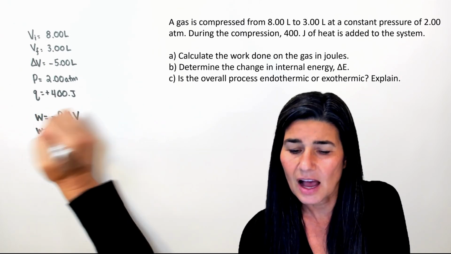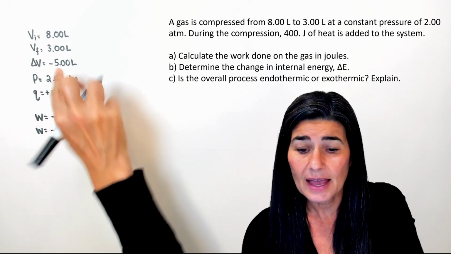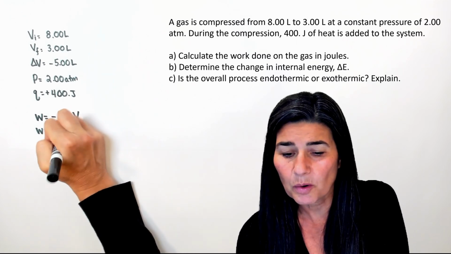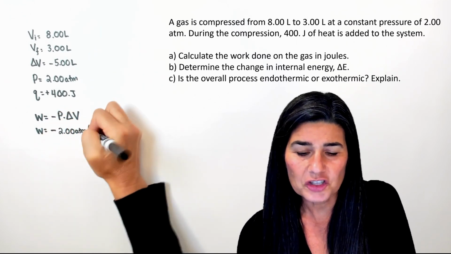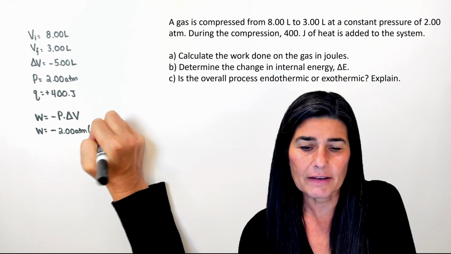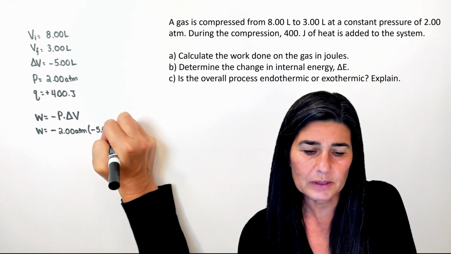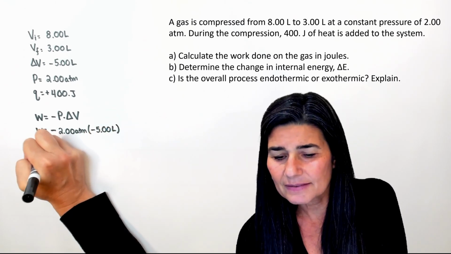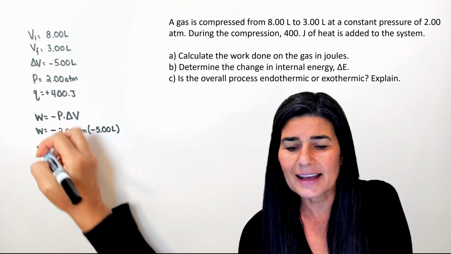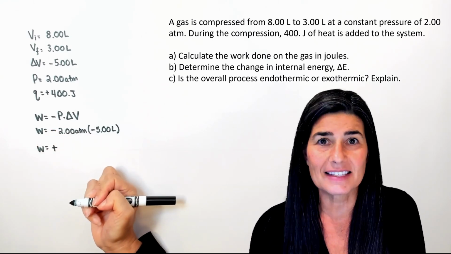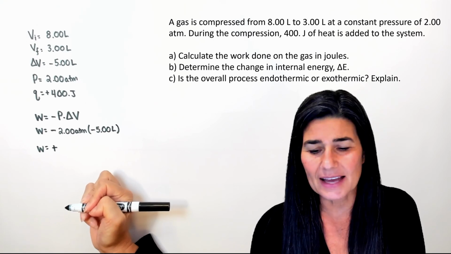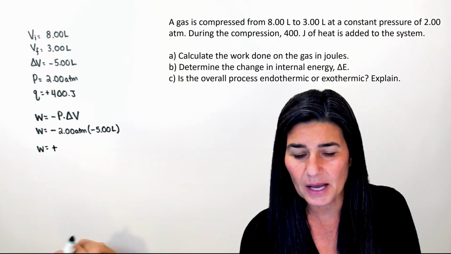Work is our pressure, negative, and we're going to use 2.00 atmospheres times a change in volume of negative 5.00 liters. That gives us a value for work as a positive value. Work was done on our system. That's consistent with what we've said in the past. Work done on the system is a positive value.